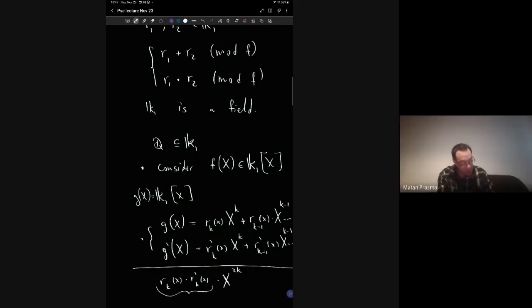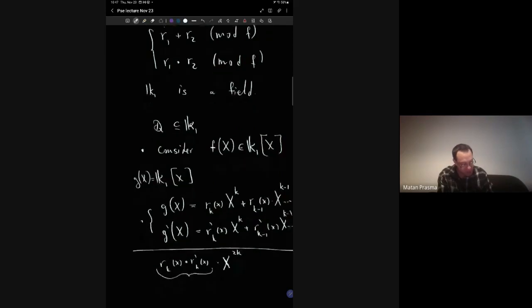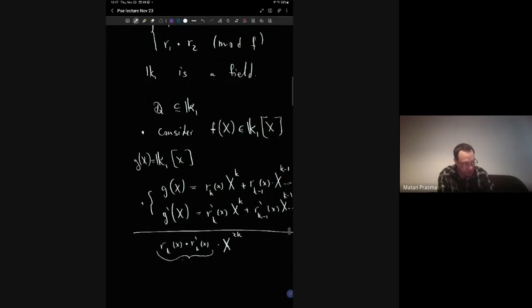But in fact, what I need to do here is the multiplication here. It needs to be multiplication mod f, because the way I multiply coefficients of polynomials is I multiply them in the field they came from. Right? So this needs to be multiplication mod f. So you multiply rk and rk prime, and then you do long division by the polynomial f.